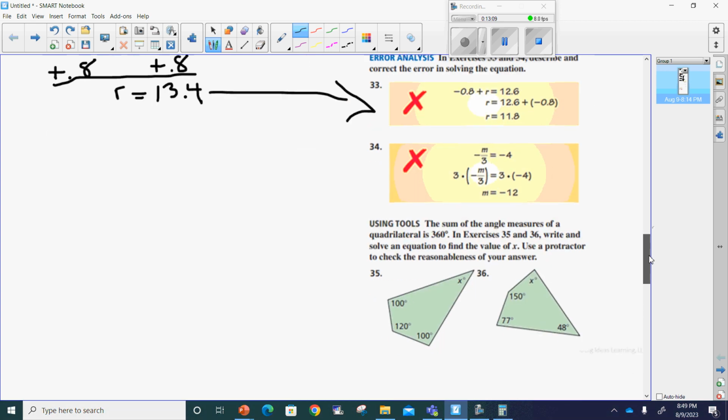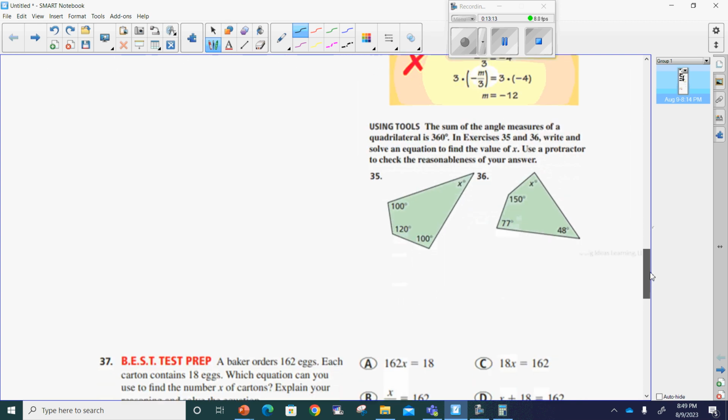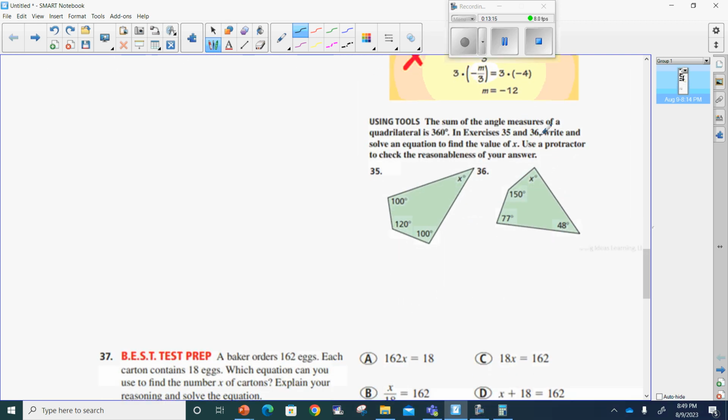All right, let's go to number 35. Well, you have number 34 to do. I'm going to do number 35 here. It says the sum of the angle measures of a quadrilateral is 360 degrees. That means all of these angles have to sum to 360. It says write and solve an equation to find the value of x. We want to know what x is. Use a protractor to check the reasonableness of your answer.